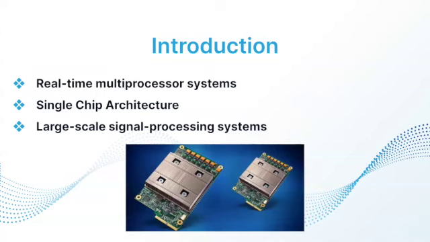Unlike several years ago, real-time multiprocessor systems are now more commonplace. Most designs consist of systems built with a single chip architecture with a modest number of processors. However, when it comes to companies, we see a move from such systems to large-scale signal processing systems, such as synthetic aperture radar systems.